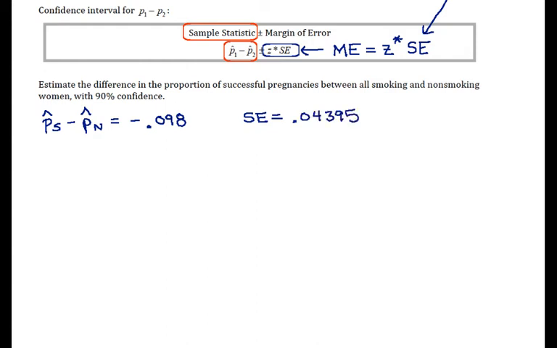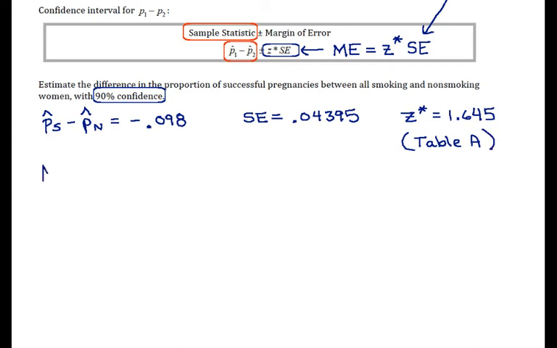And based on this and my Z star for a 90% confidence interval, we either have these memorized by now or can look them up in table A. That's going to be 1.645. So table A is where we would go to look this up if we didn't remember it. Or looking even at our notes for one proportion would also work.